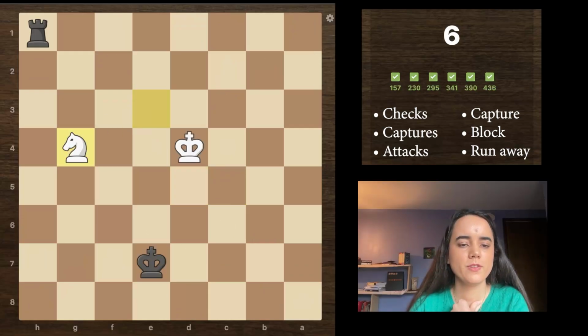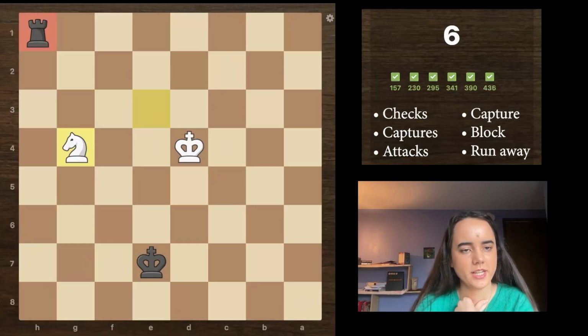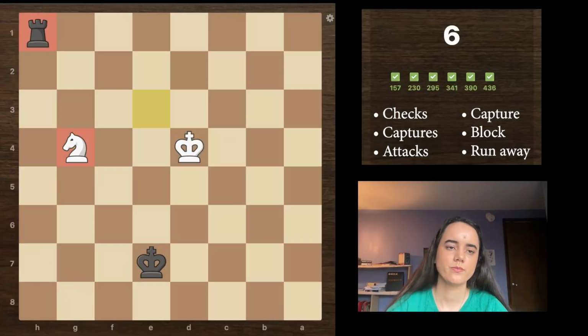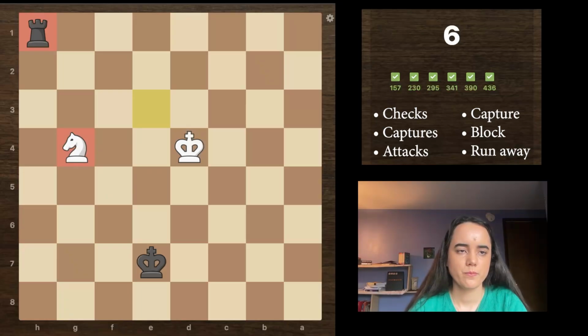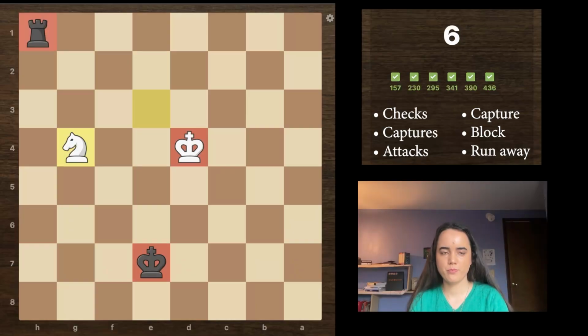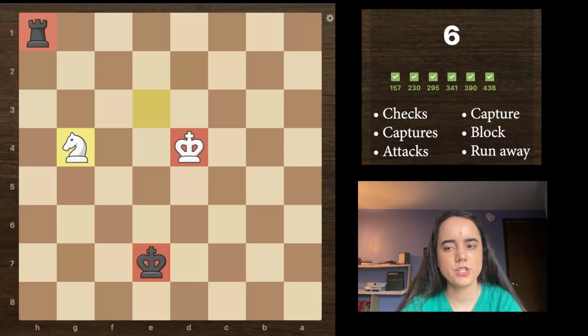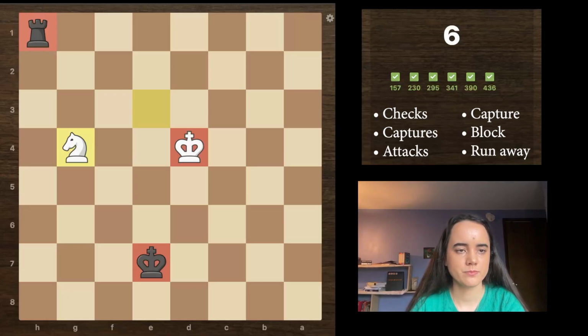Okay, so we've got a rook and he's got a knight. If we just had a rook and a king against a king, we would be able to win because you can checkmate with just a rook.